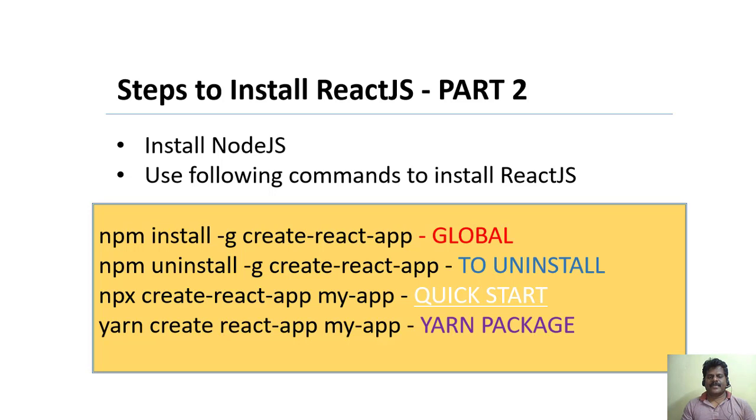At the same time, if you want, you can uninstall using the uninstall command. And there is one more interesting package runner available on top of npm, that is called npx. If you want, you can also use Yarn JavaScript libraries in order to maintain React.js related functionalities.